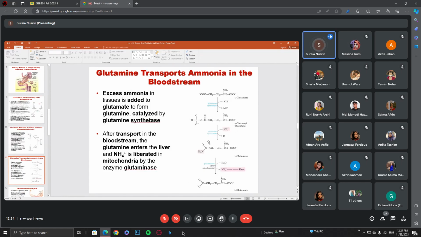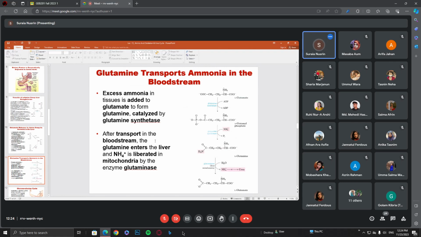Okay. Then the next one, where we have seen glutamine. Glutamine is the one amino acid which is collecting excess ammonia from different tissues of our body. Actually, that is collected by glutamate.